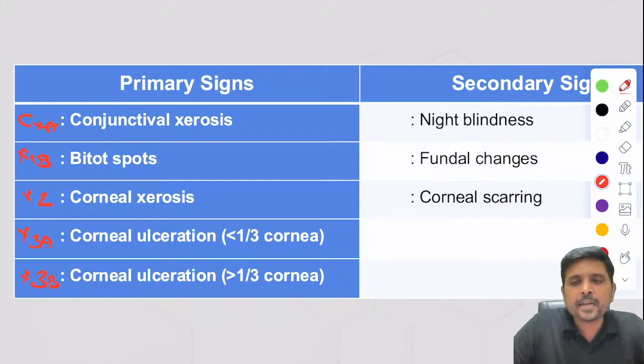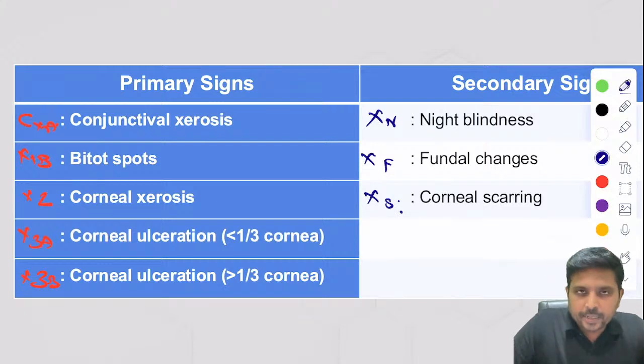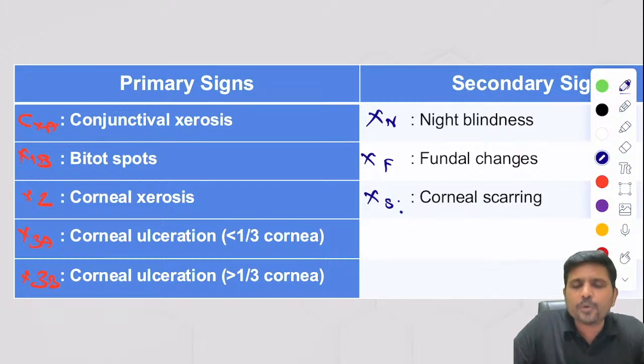X stands for xerophthalmia. Then you have xerophthalmia night blindness, xerophthalmia fundus, and xerophthalmia scarring. These are the manifestations of vitamin A deficiency and the classification of vitamin A deficiency with respect to the eye.